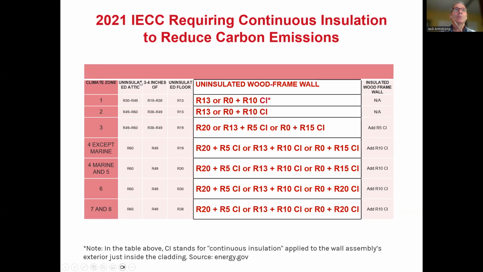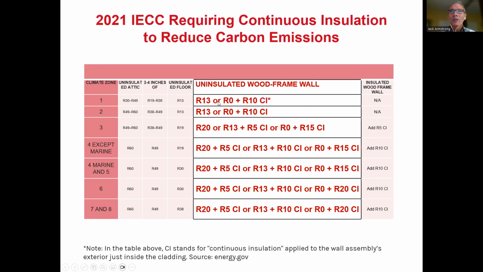Then we have the mandated amounts of insulation for attics, for floors, for the walls, but depending on the climate zone. For example, if you're in climate zone 1, which is the southern part of the United States, Florida and southern Texas, you're required to have an R value of R13 in the wall, specifically in the wall cavity.